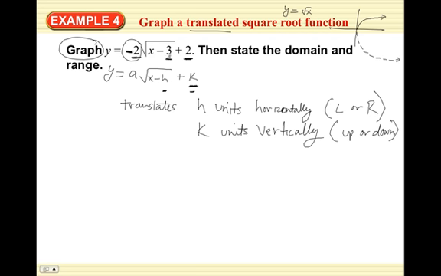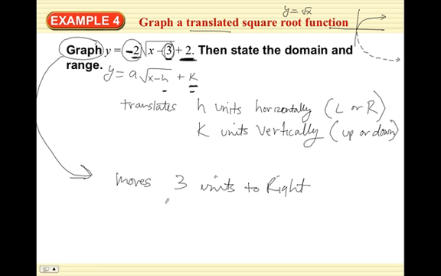So basically, this 3, it's x minus h, so h is a positive 3. Don't think it's -3, because with this minus, it's positive 3. So this whole thing would move 3 units to the right. So let's write that. This graph in particular moves 3 units to the right. And if you look, the k is +2, so it also moves 2 units, and it should move up.